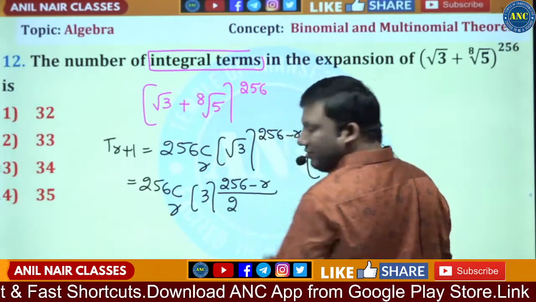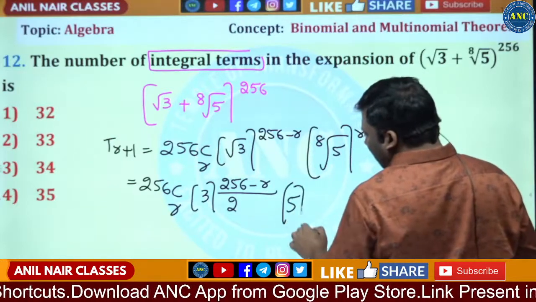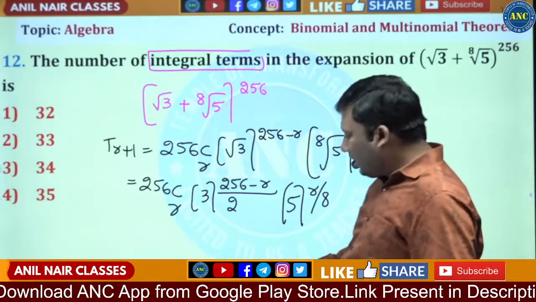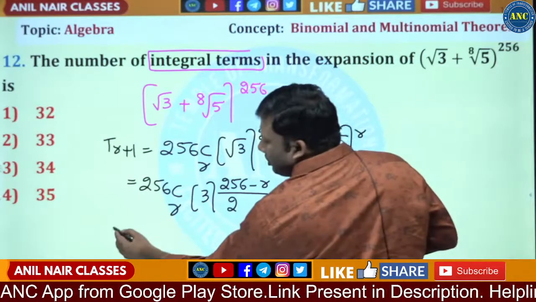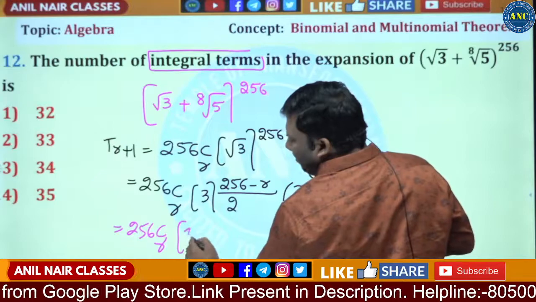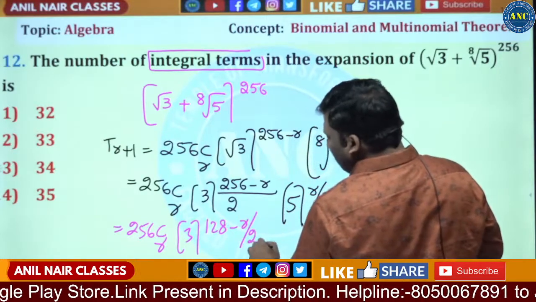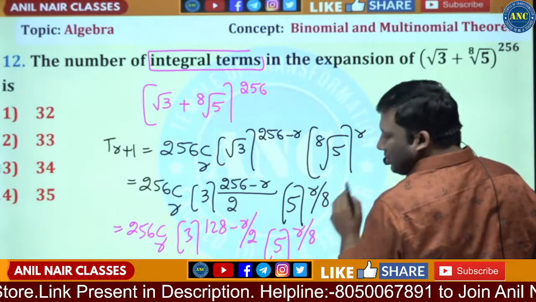Root is half. Here also it will be 5^(1/8), it is R/8. Now see here, listen carefully. So this will become 256CR 3^(128 − R/2), and here it is 5^(R/8).